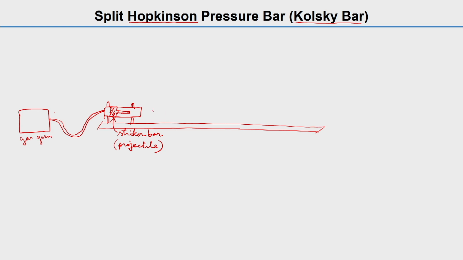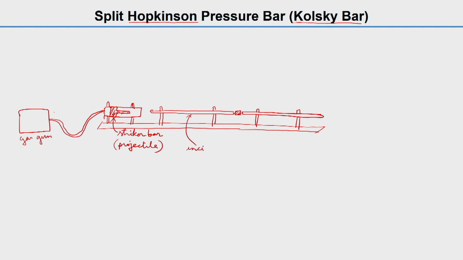Here we have what we call the incident bar, and then we have the sample here, a very small sample, and then again we have another long bar, called the transmitted bar. So this is your striker bar, this is your incident bar.